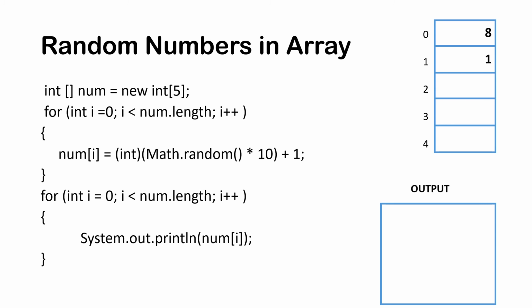Then num[1] generates a 1. Num[2], cell 2 gets a 3, cell 3 gets a 1, and cell 4 gets a 6. Then we will run the second for loop, which counts from 0 to less than 5 again, which ends at 4, and we will output 8, then 1, then 3, then 1, and then 6 as we run System.out.println(num[i]).